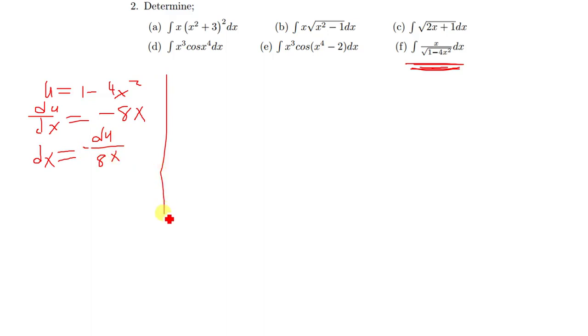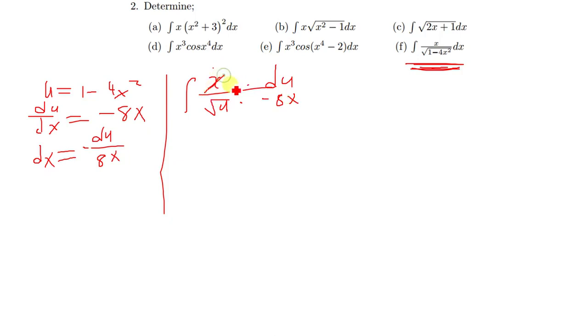So in that expression we replace, we're going to have something like this, over the root of u, and then times, of course even on top, times du over negative 8x.